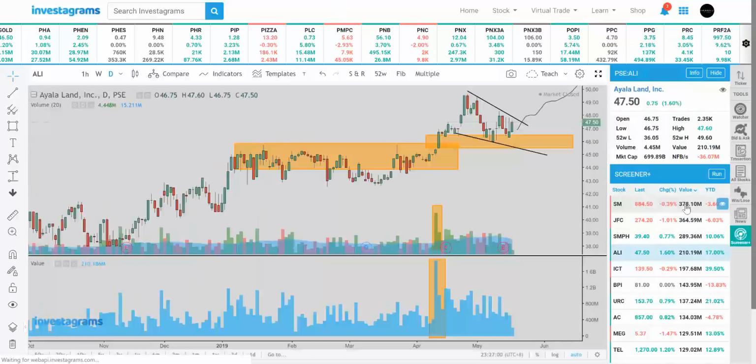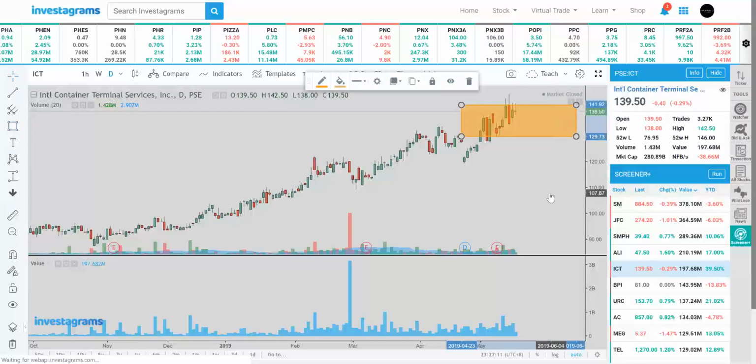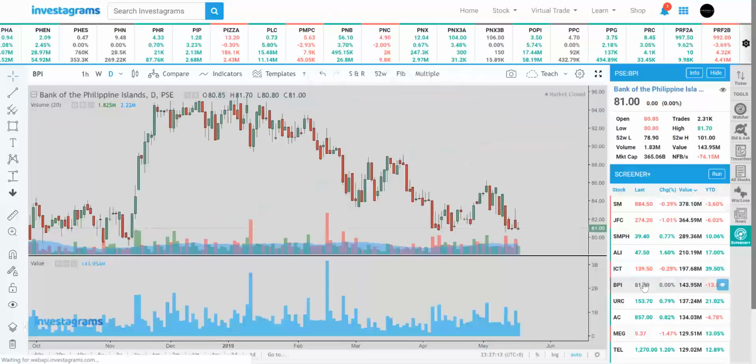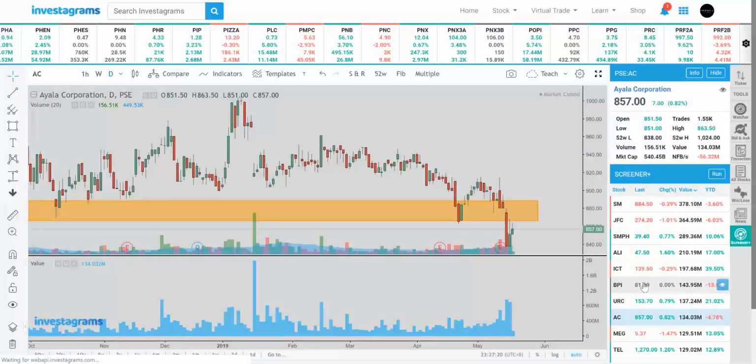Then you could easily see also this is Ali, and then ICT still strong on the trend, probably gonna create a new base here around 130 plus. Then you could switch stocks, BPI. So it's a fast way to analyze the markets. This is one technique on how you could analyze the markets with less than 10 minutes a day.